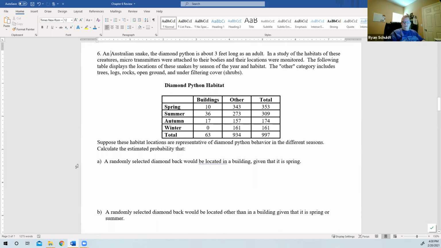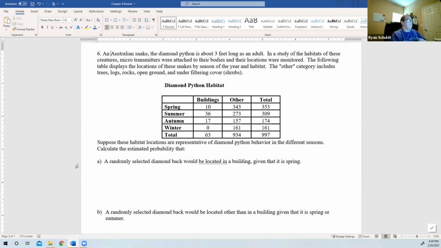Numero 6. An Australian snake, the diamond python, is about 3 feet long as an adult. In a study of the habitats of these creatures, microtransmitters were attached to their bodies and their locations were monitored.